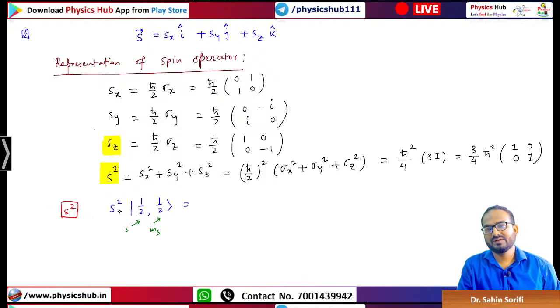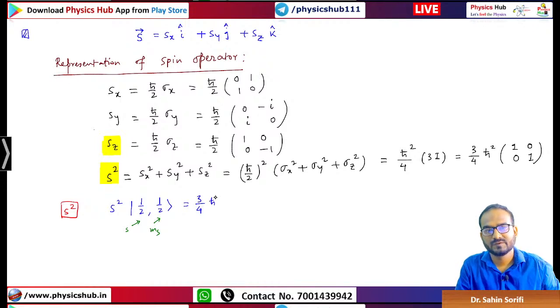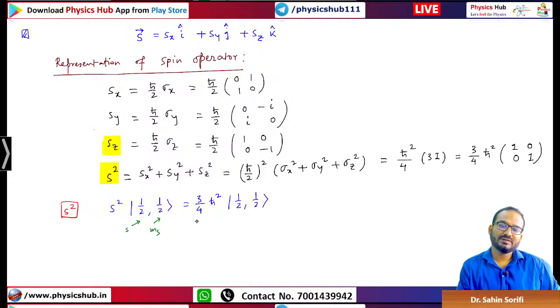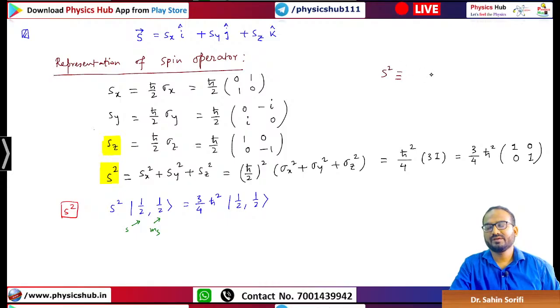So S square acting on it gives 3 by 4 h cut square |half half>. Actually, this is coming from s into s plus 1 h cut square. In this way it is coming, 3 by 4. The way L square was behaving, S square will also behave: s into s plus 1 h cut square. So half into half plus 1 h cut square, that is 3 by 4 h cut square.